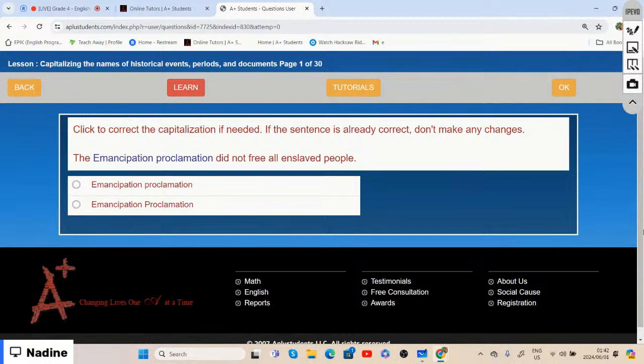So is it option one, where it stays the same the way it's written over there, or option two, where proclamation is also going to be capitalized?